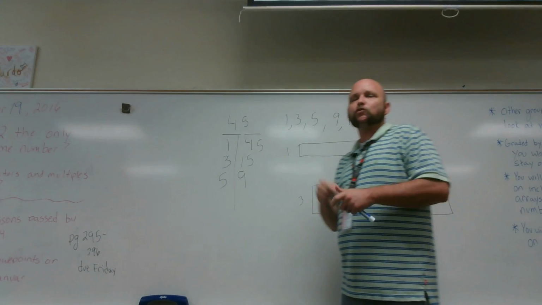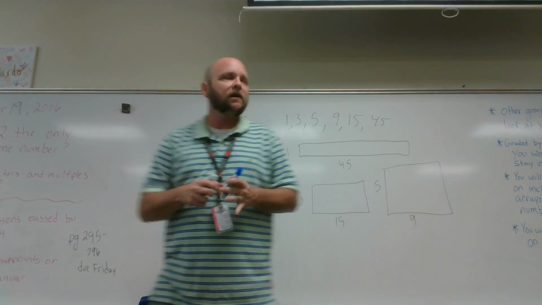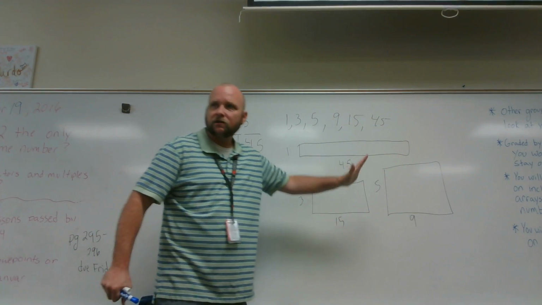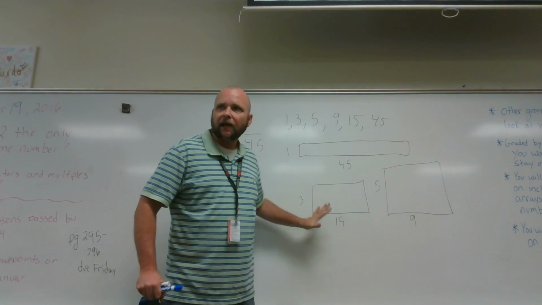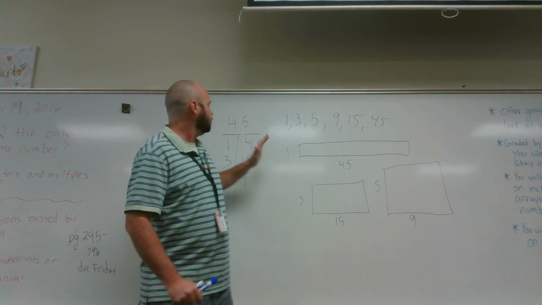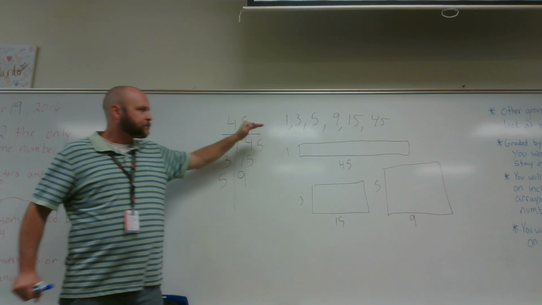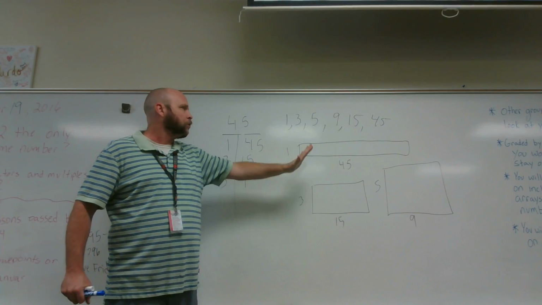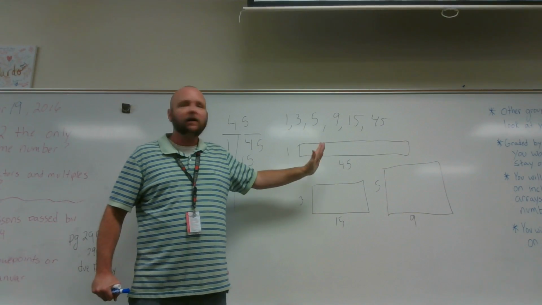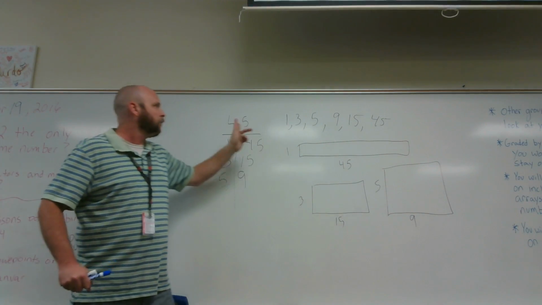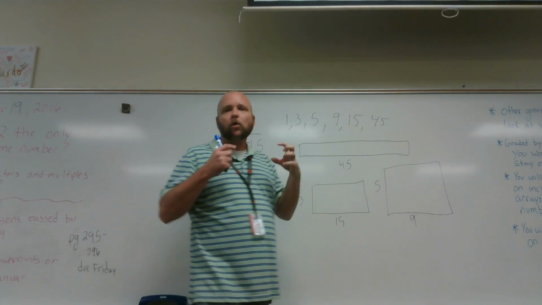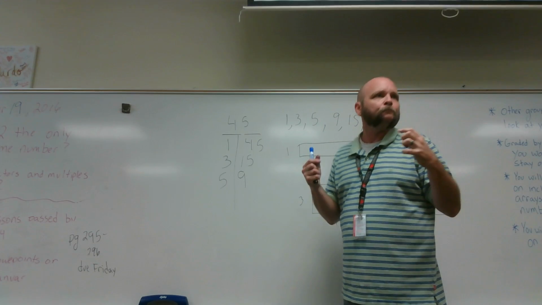And what you'll notice when you're doing these factor arrays is that the number of squares inside each of these factor arrays is going to equal the number you're doing. So if you did these and you thought it was 1 and 43, and you counted, oh wait, there needs to be 45 squares inside my factor array.